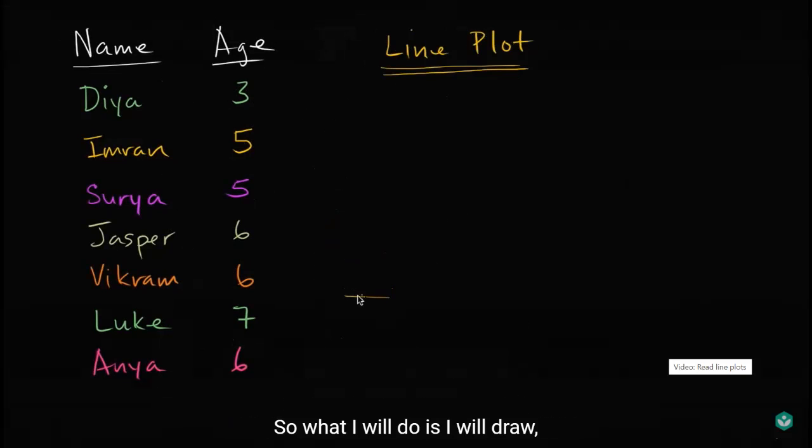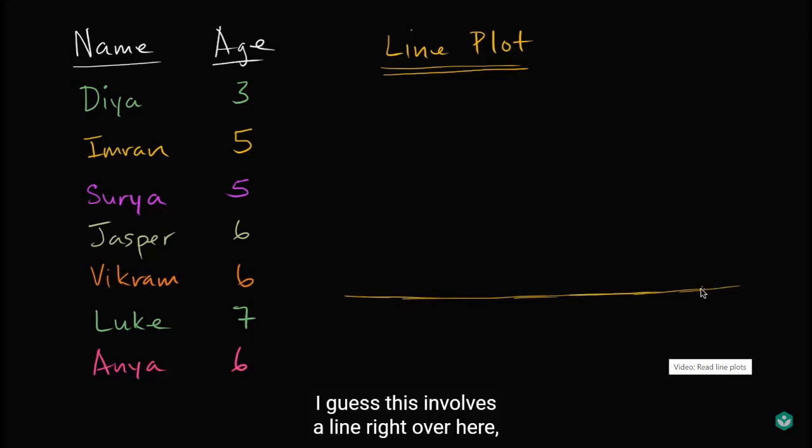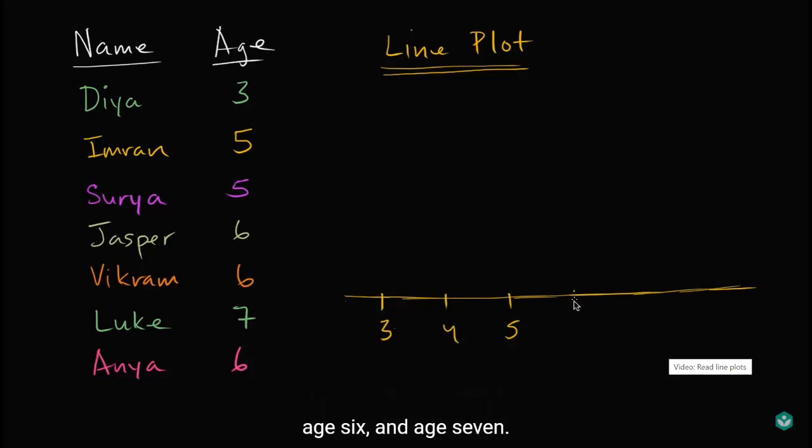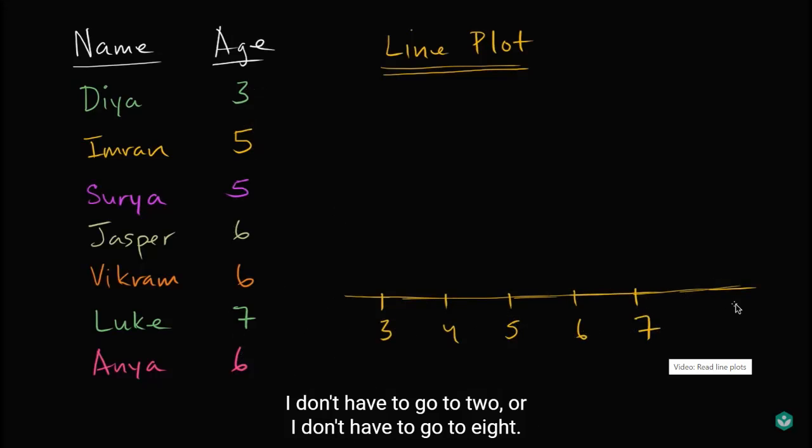So what I will do is I will draw a line right over here. I'll draw a line down here, and then I'll create buckets for each of the ages. So I have students here from age 3 all the way to age 7. So I could say age 3, age 4, age 5, age 6, and age 7. I don't have to go to 2 or 8.